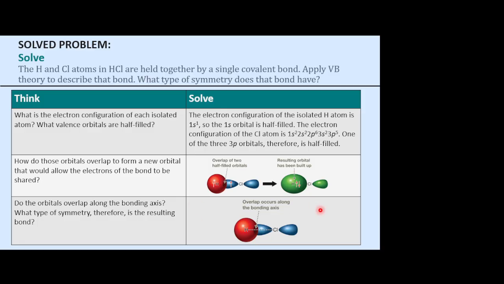Okay, so we get an overlap. We're going to have the hydrogen orbital. Can everybody see that okay? On the screen? Okay, so we're going to have the hydrogen 1s orbital overlap with 1 electron in it, right? And then we're going to have that 3p orbital that only had the 1 electron. That's going to overlap. And that's going to create the bonding orbital right here, okay?